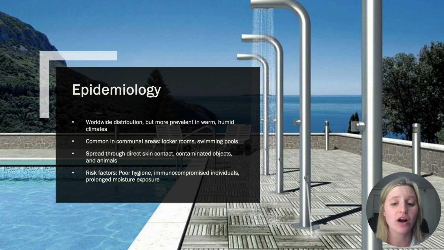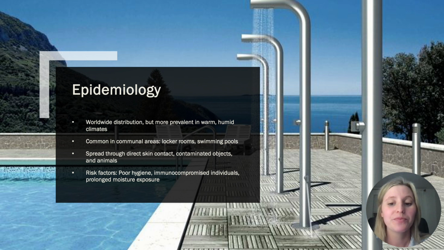These fungi are found worldwide. Remember, this is one of the most common sources of fungal infection, but they are more prevalent in warm and humid climates where the conditions favor their growth. They are commonly transmitted in communal areas such as locker rooms, swimming pools, and shared footwear.